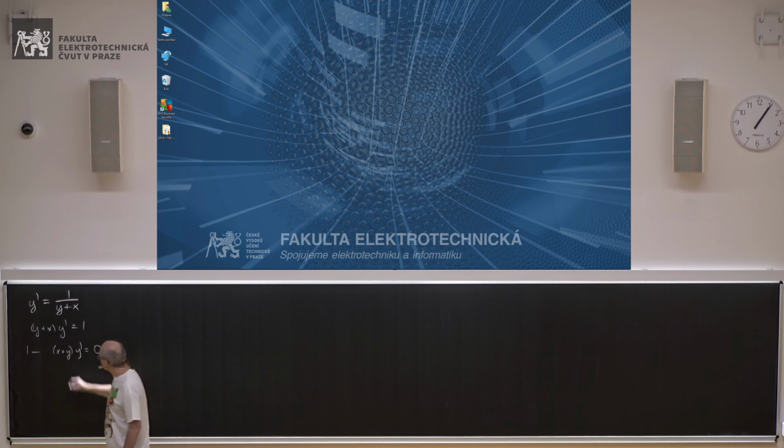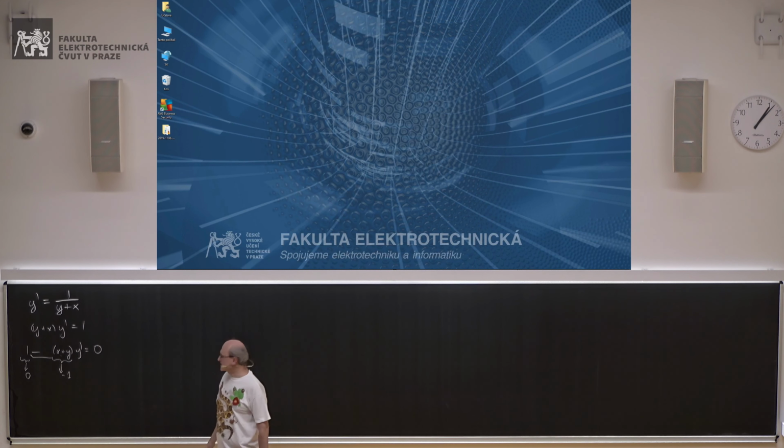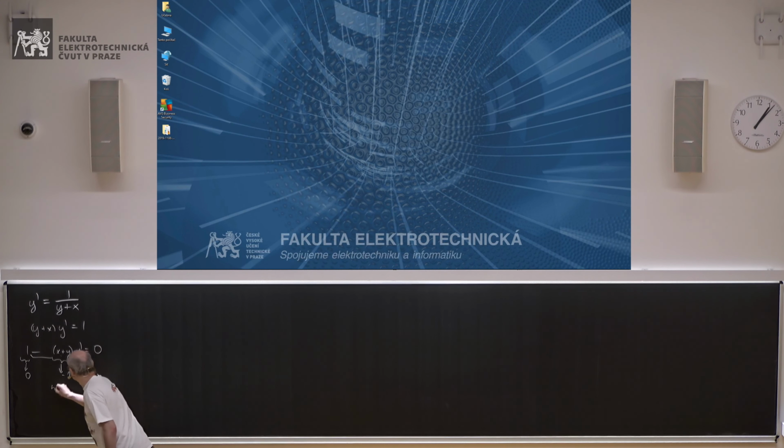Okay, is it exact? I have to take this and differentiate it, including the sign, I have to be careful. Differentiate it with respect to x, because that's the y part. If I differentiate with respect to x, I get -1. How about this one? I differentiate with respect to y, and I get 0. So this equation is not exact, definitely not.